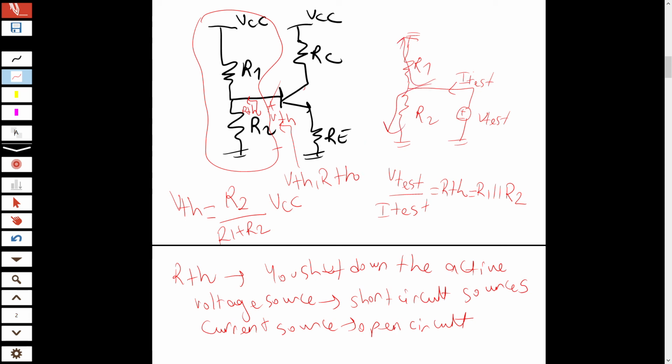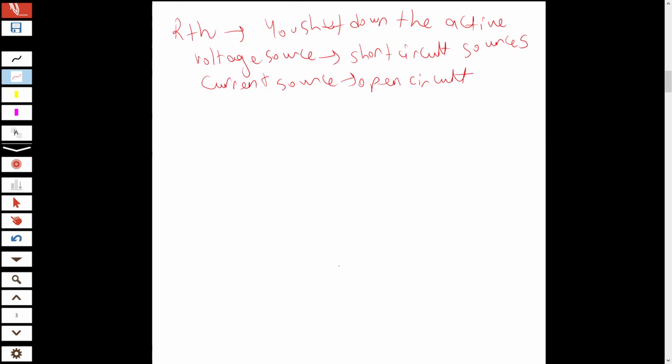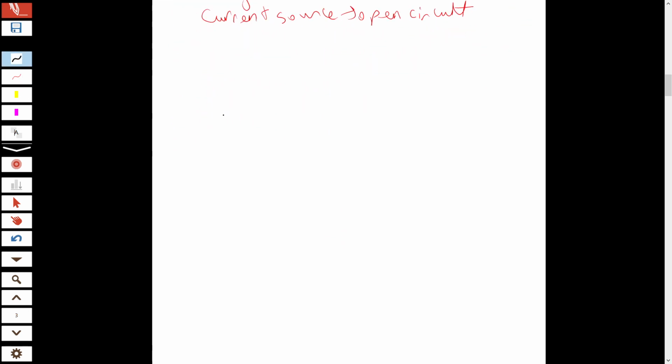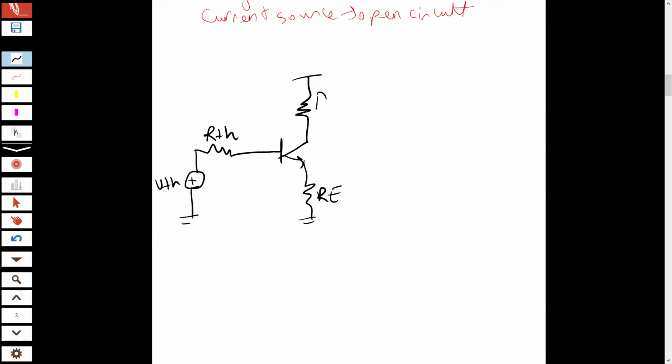So now I will replace the left side of my circuit with VThevenin and RThevenin. It will be like this. Here VThevenin, here RThevenin, and then here is emitter, here RC.